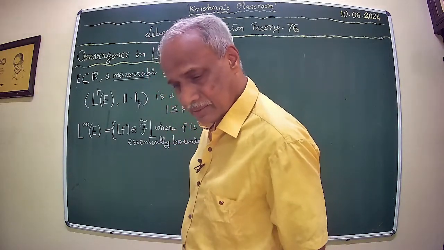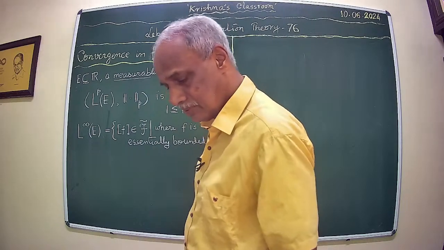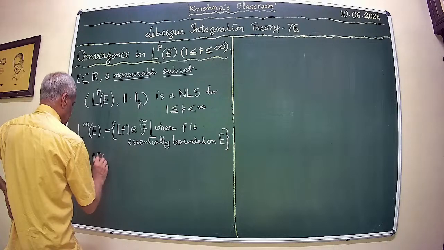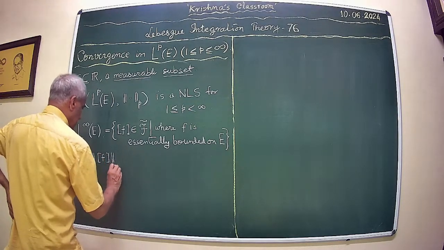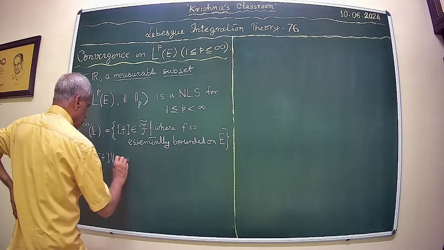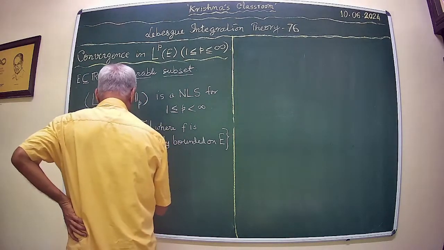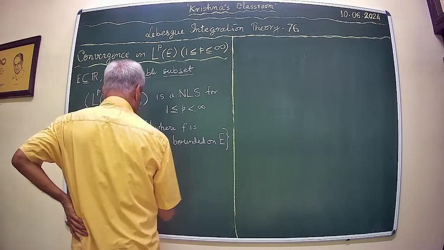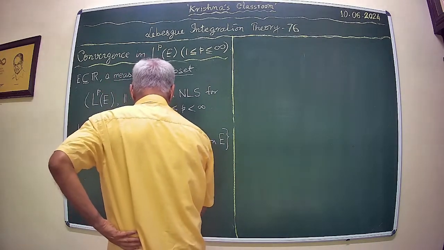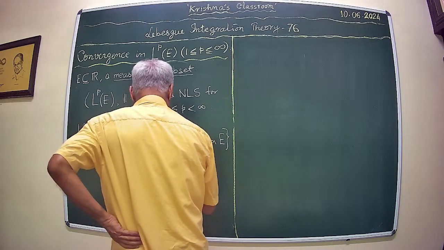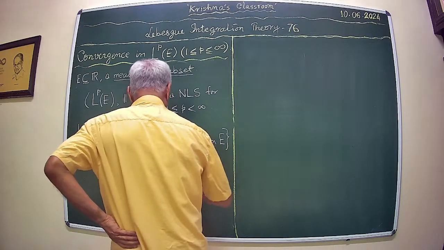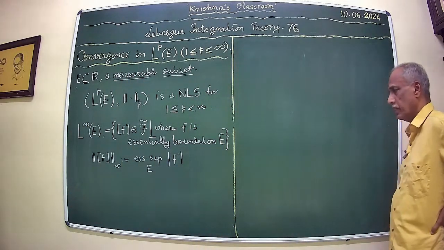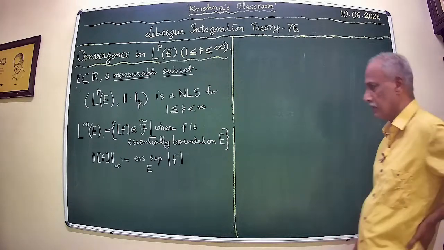Now what you have is, we can write once again, you can define the norm as the essential supremum over E of |f|. Now that we have defined earlier.